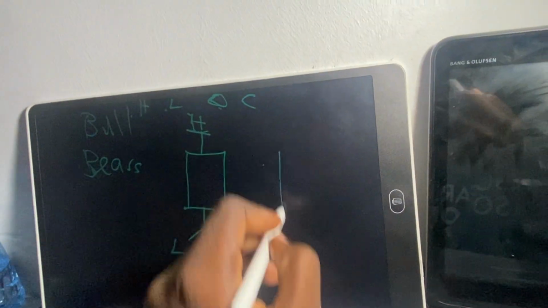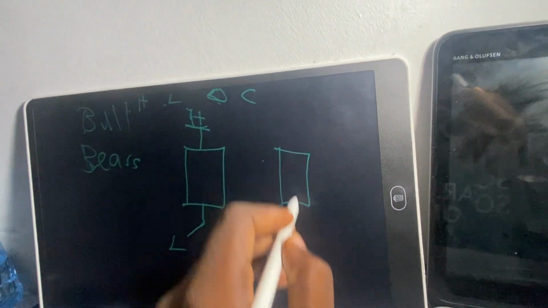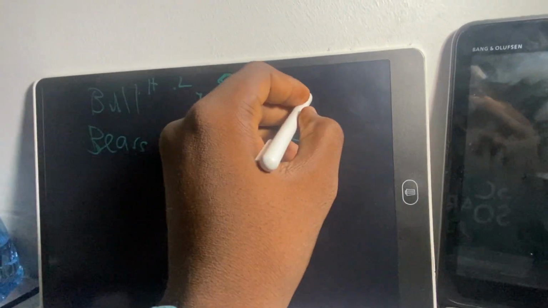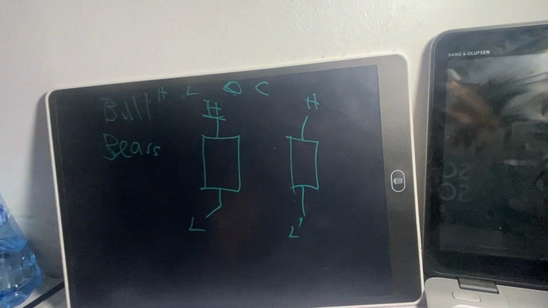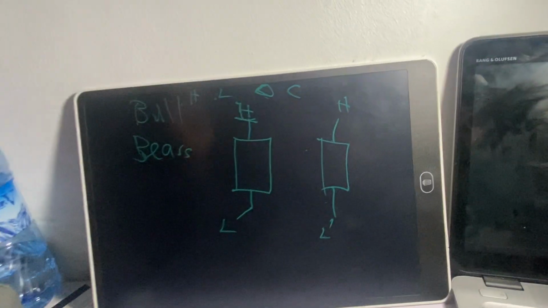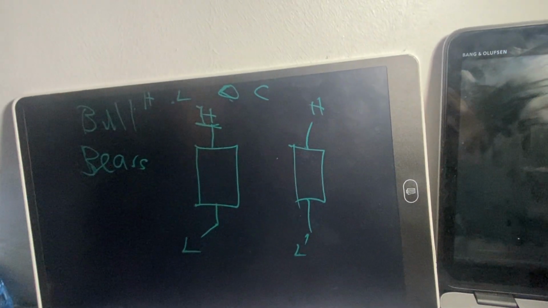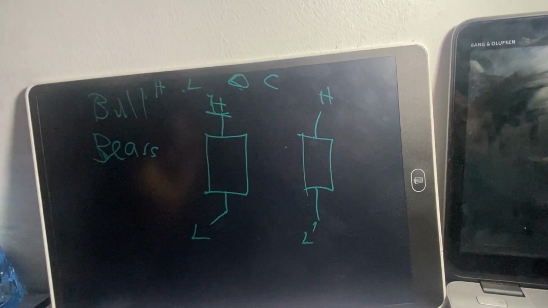Okay, let me just do this example. Let's have two candlesticks here. This is the low, this is the high of the candlestick. So you will see the price there, the low and the high of the candlestick. Now the open and the close.